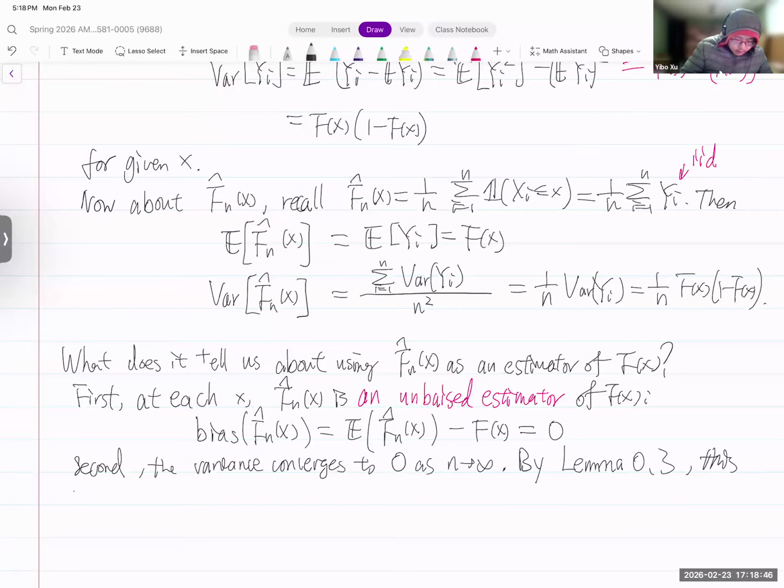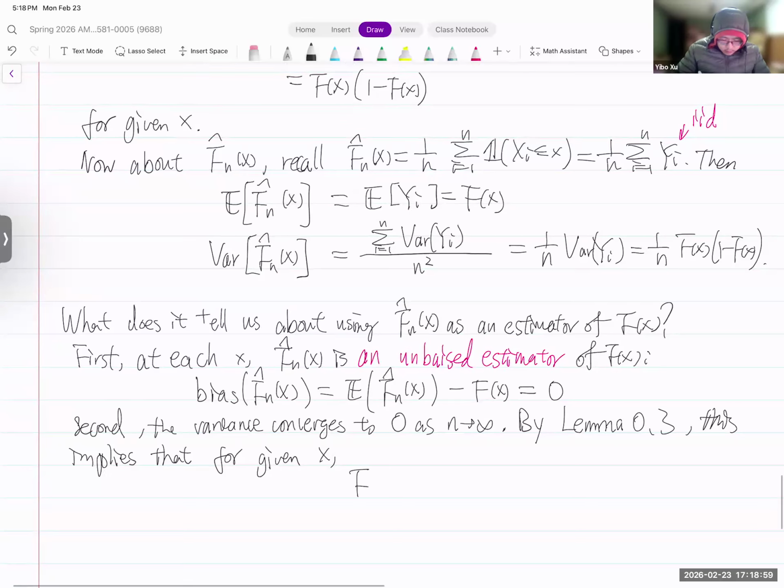This implies that for given x, okay, is pointwise convergence in probability.